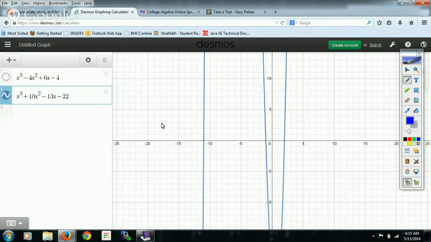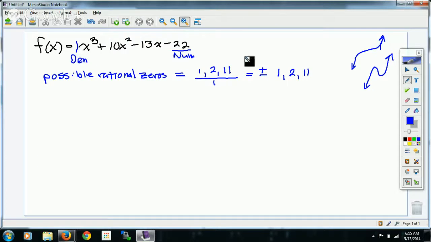So now Desmos has done all the work for me, but I'm going to do a little more to help you guys out. So looking at the graph, I'm going to pick on, say, -1, which appears to be a 0. So I'm going to do a synthetic division with -1. If I do that, I'll write down the coefficients. And I'm hoping the last term in synthetic division, which is the remainder, is going to be a 0.